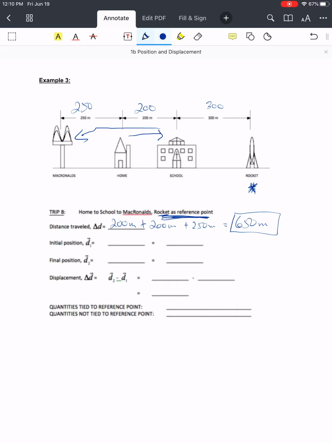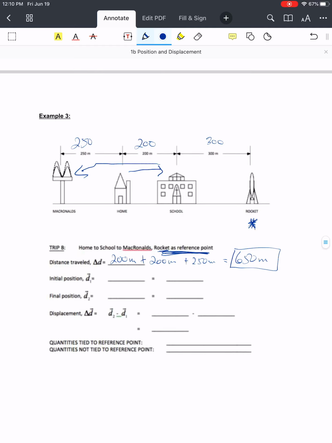Okay, initial position, D1 or DI. Now because I'm doing this, I get to label whatever I want. So because I'm going east-west, I'm going to label west as positive. So when I say I had my initial position, where did I start? I started at home. How far am I from my reference point?